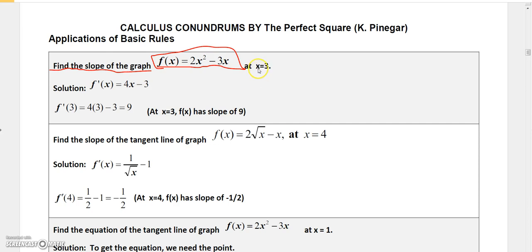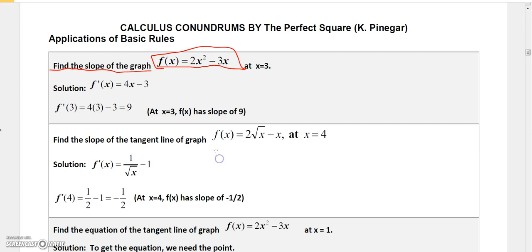So it says here to find the derivative of this, or the slope of this function, at x equals 3. Well, since the derivative is 4x minus 3, simply plug x equals 3 in for x into the derivative, and you get 4 times 3 minus 3, which is 9. So now we know that at x equals 3, the original function has a slope of 9.